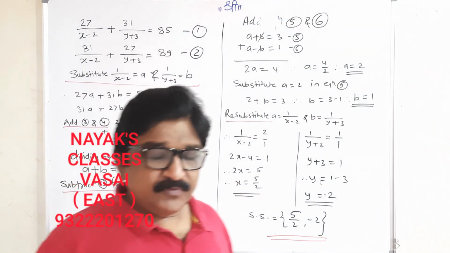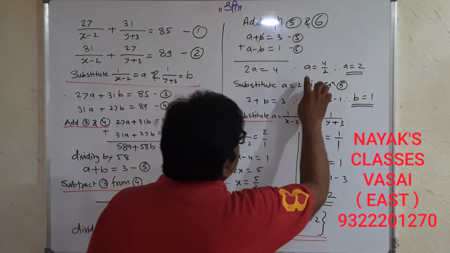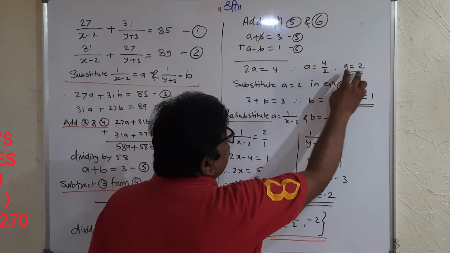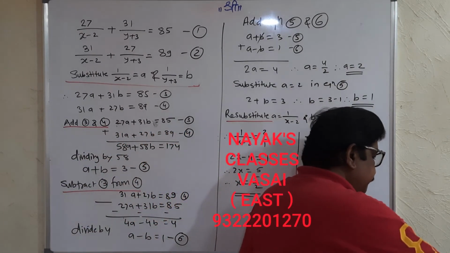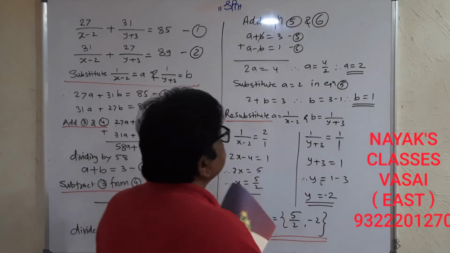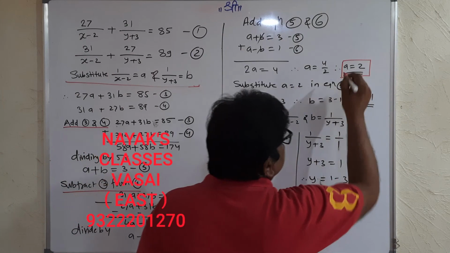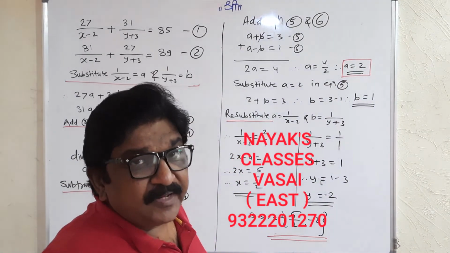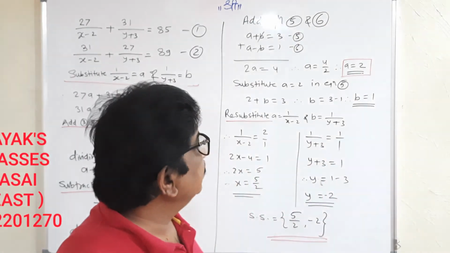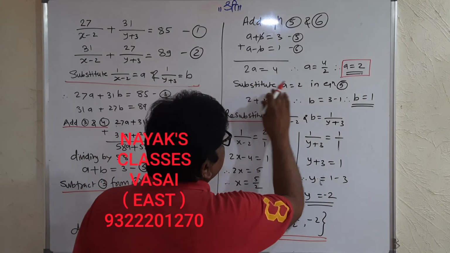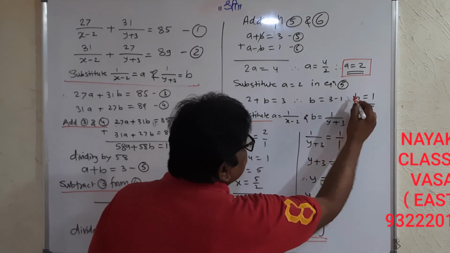Solve it. a is equal to 4 upon 2, and a is equal to 2. This value we have to put in equation 5 or 6. Substitute a is equal to 2 in equation 5, so b is equal to 1.